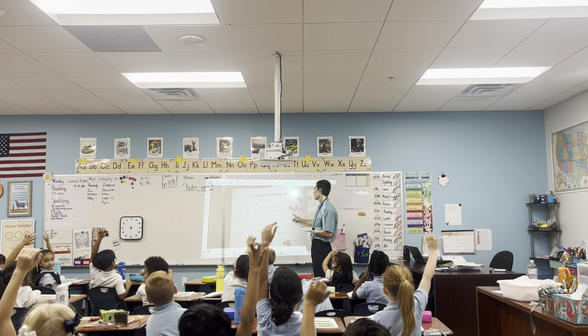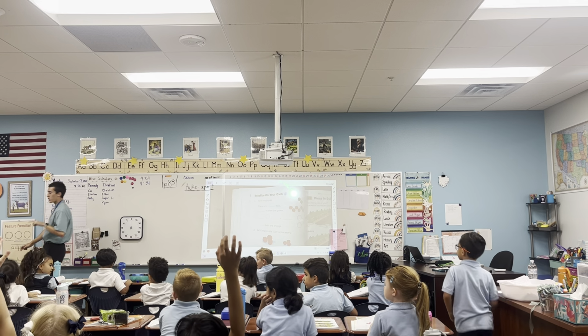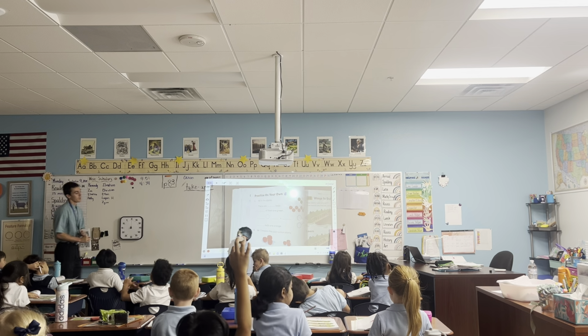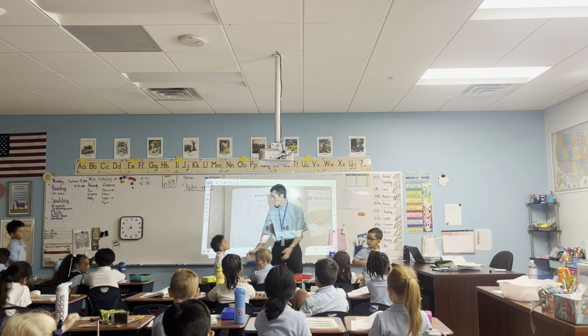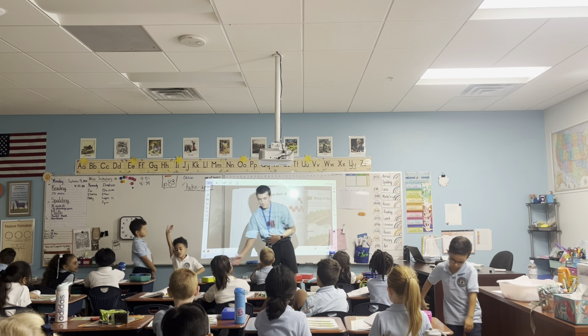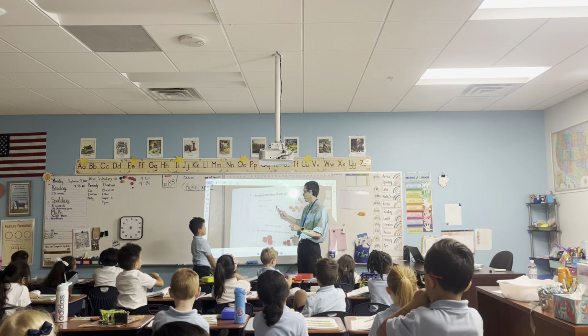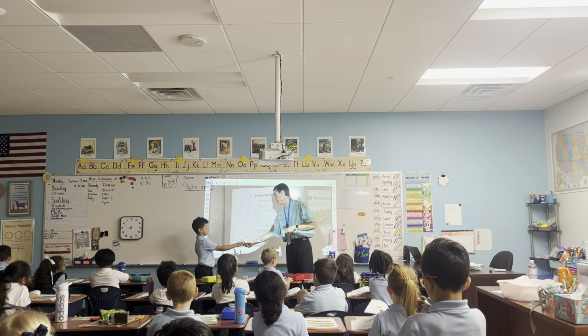Ethan, do you want to come do number 1? You can bring your book up if you need it. Alright, Ethan. Can you reach up here? Alright, shh. I want everyone to hear Ethan and what he's thinking.